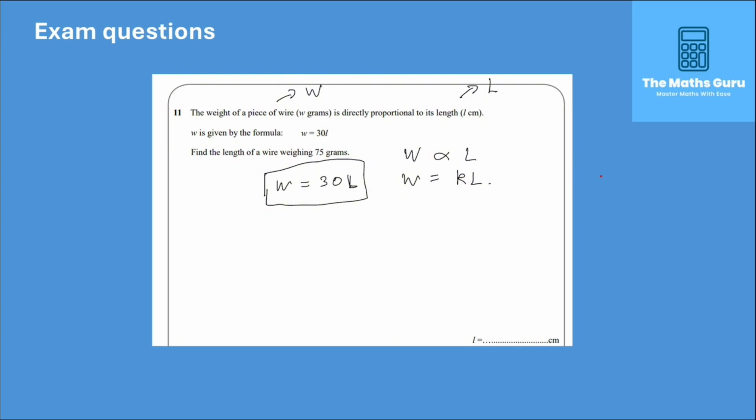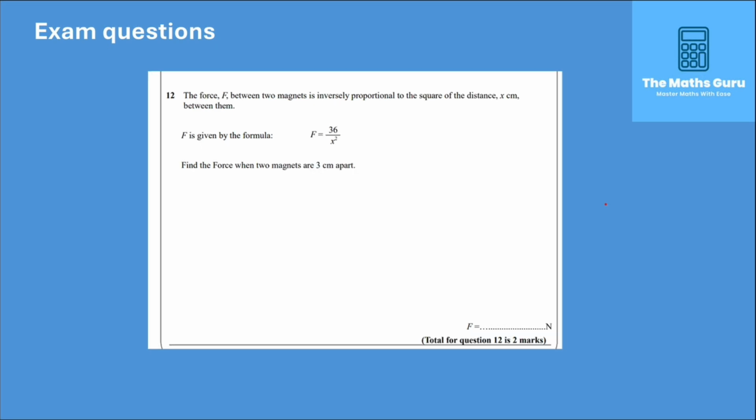So we can work out what our L is because we have our new W. So we say that 75 is equal to our 30L, making the length equal to 75 divided by 30, which is equal to 2.5 centimeters.